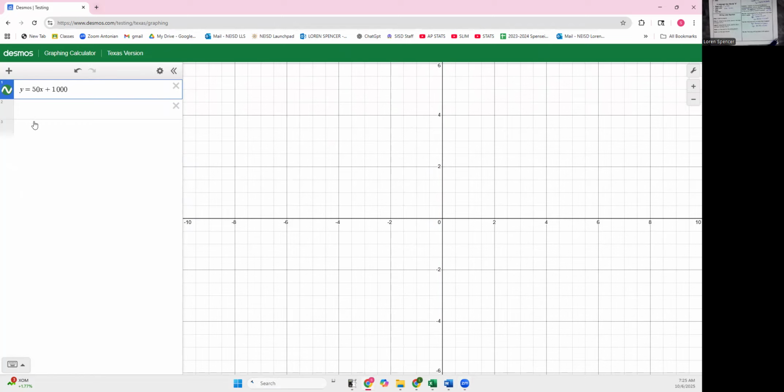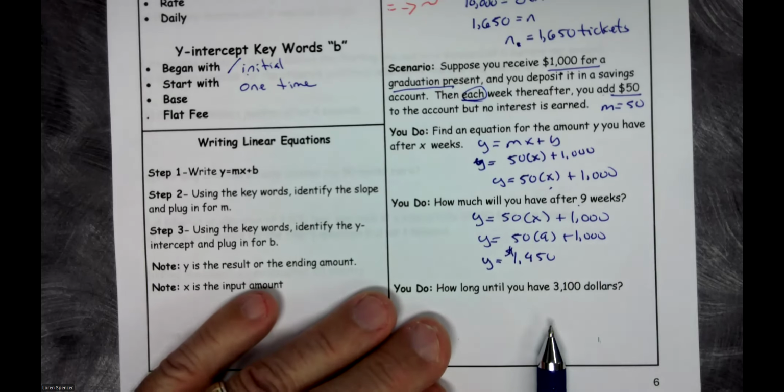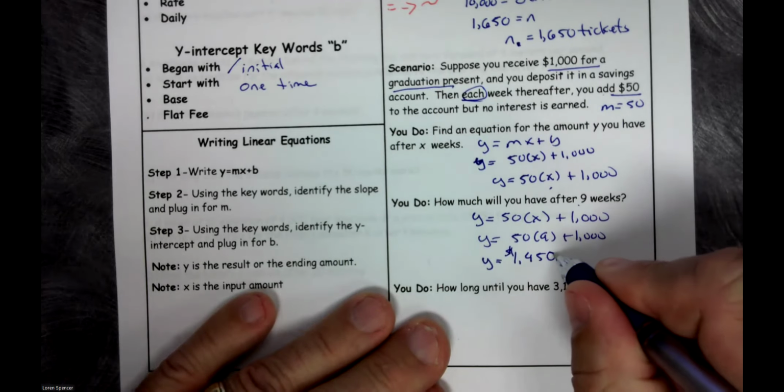There's our equation. I should have put that in parentheses. But for x, we are going to input 9. So we have y is $1,450. So after 9 weeks, you'd have $1,450.